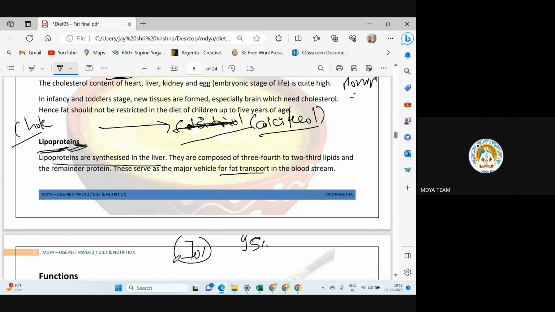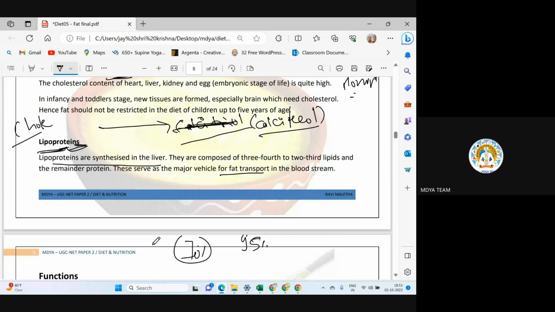So if fat is not soluble in water, how can these triglycerides and all be soluble in blood? And if these will be not soluble in blood, how can blood transport all these? Because for transportation, these all things need to be soluble in blood.